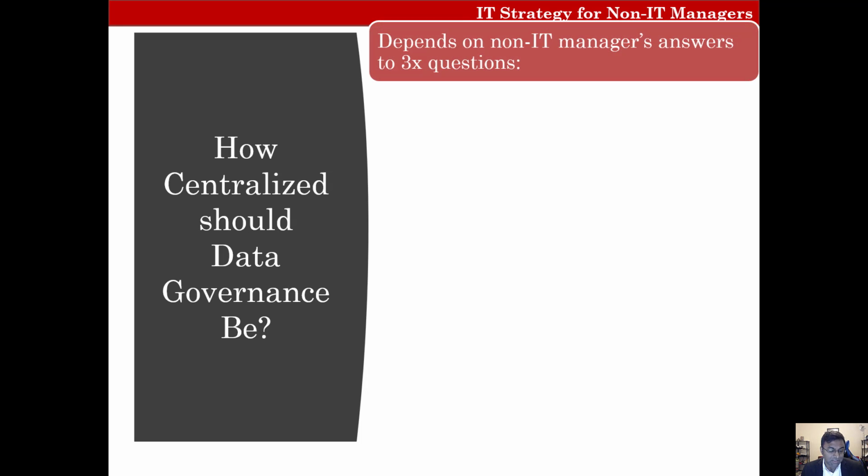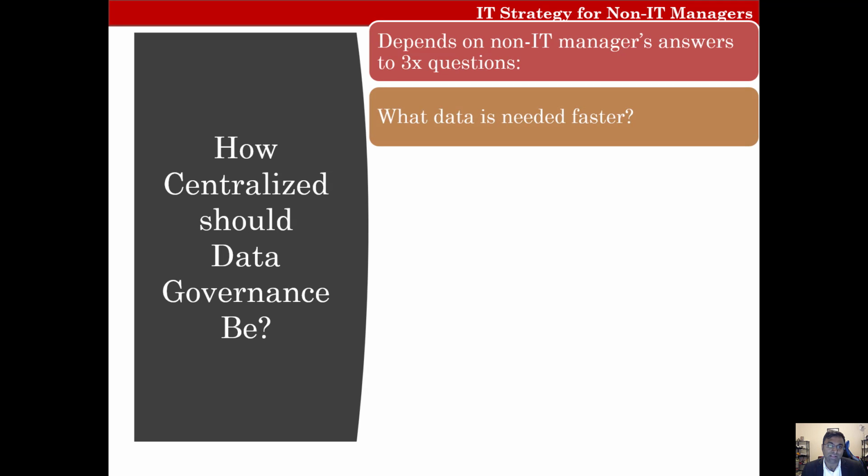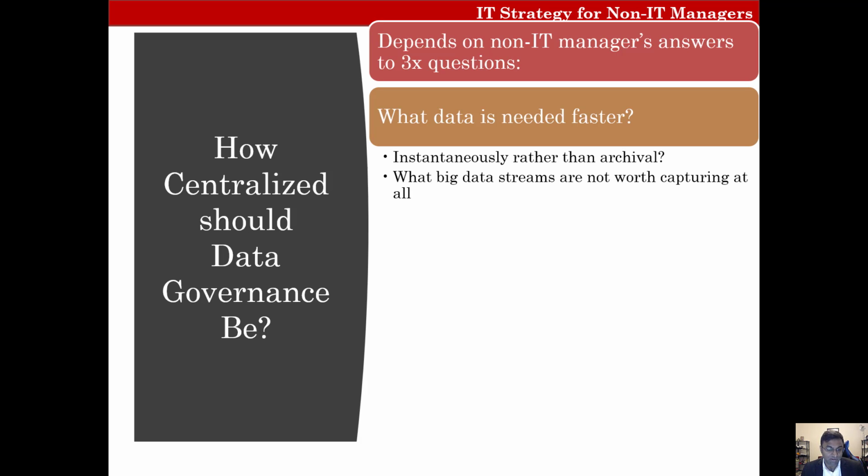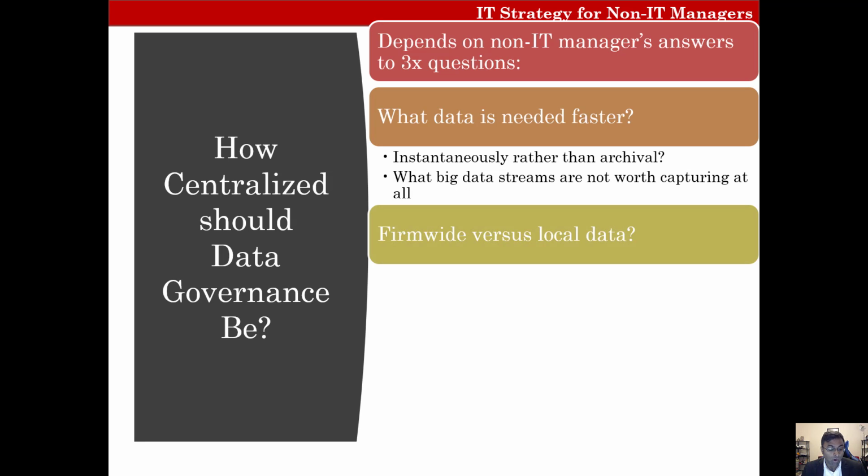And that depends on 3 questions that non-IT managers should answer. What data is needed faster? What does your line function need instantaneously rather than for record keeping? What data, especially big data streams, is not worth capturing at all? Are we looking at firm-wide versus local data?